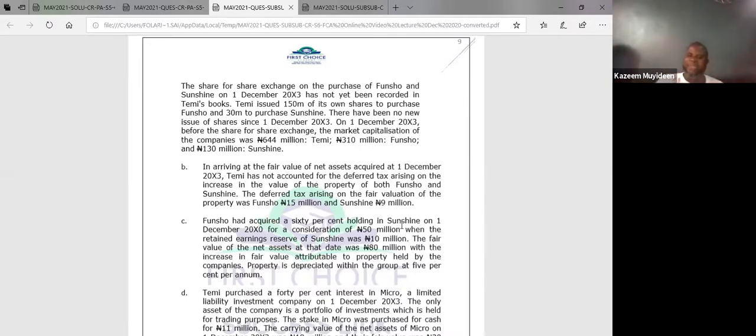Temi has 90% in Funsho, while Funsho has 60% in Sunshine. The investment of the parent will now be 90% times the percentage of Funsho, 60%, plus the direct investment of 26%, making 80%.